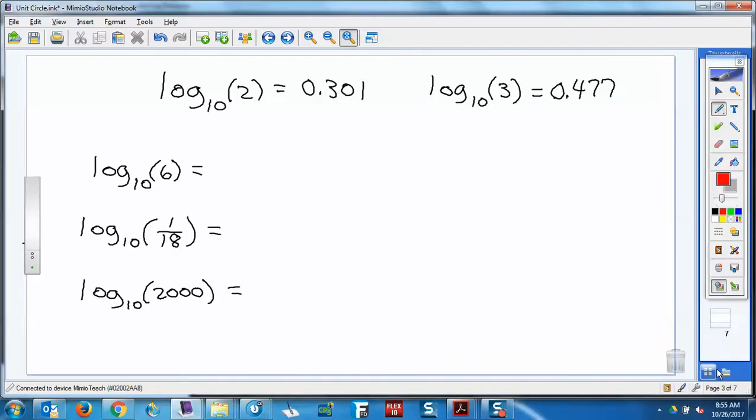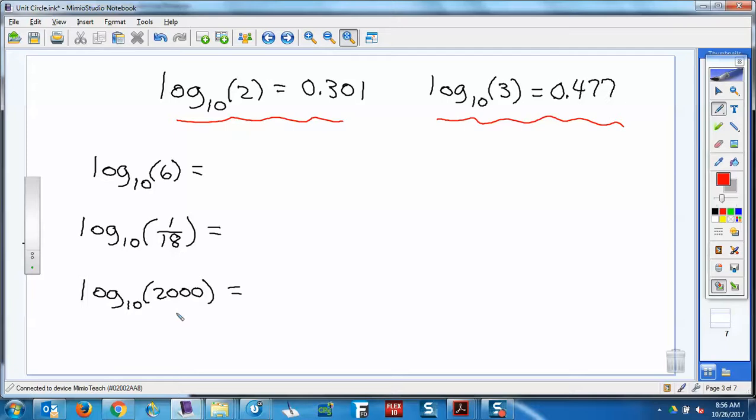Okay, all right. So let's say we had a problem like this. It actually comes out of your book in Appendix E, and they say, let's say right before your calculator battery died, you found these two values. But now your battery on your calculator is dead, and you have to do these problems here.